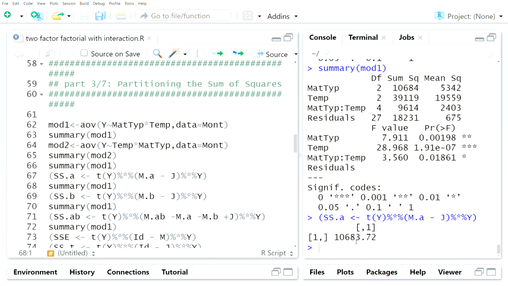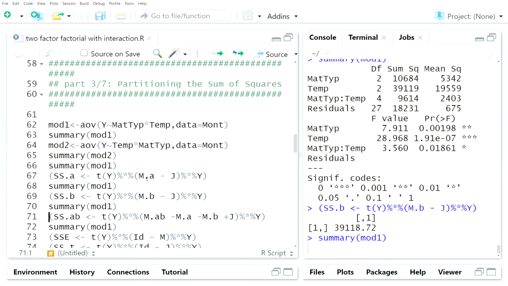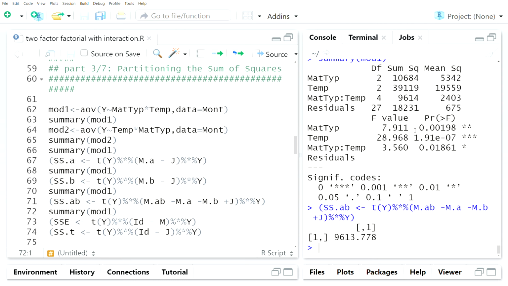We have 10683.7, and it just rounds it to 10684. And then if we do this for factor B, we get 3919, which is the same as temperature, and then the interaction term, 9613, and it's rounded to 9614 because of the 0.7.